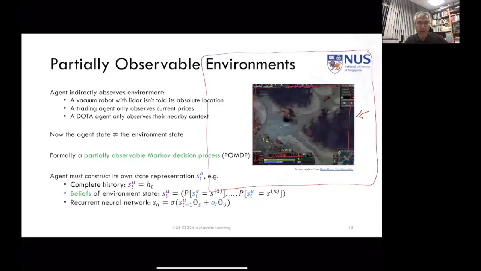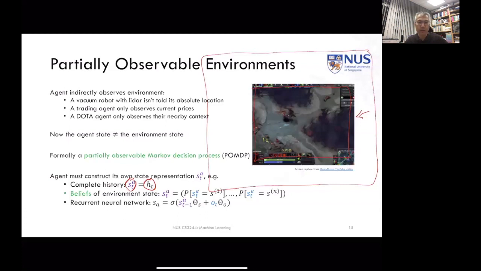The key part is that the agent has to construct its own state representation and decide what it wants to capture. It might say, for example, I'm going to take the entire history and compute the current state through a Markovian representation, where I only use the current time step. I compress all of the information from the history into the encoding of the current time step, right?